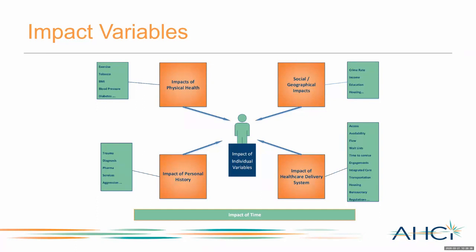The key one, that I think is probably the most important one, and the reason why we did this webinar, is the impact of time. As probably most of you know, we have not been good at using time as a key variable. Most data is a retrospective look. A service is delivered, a claim is submitted, that claim is adjudicated, and it comes back into analytical tools.